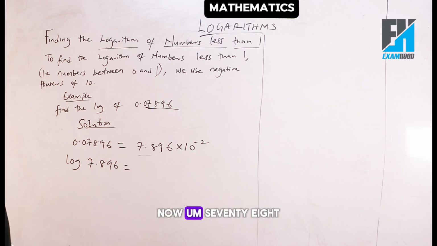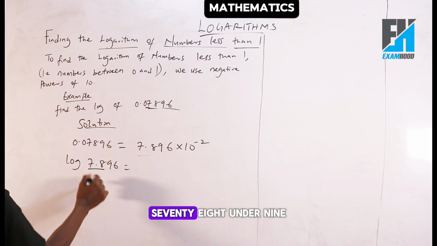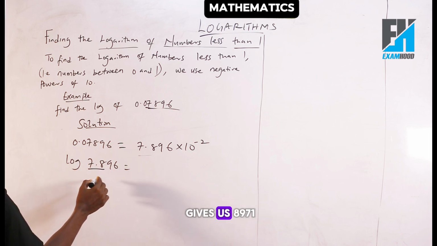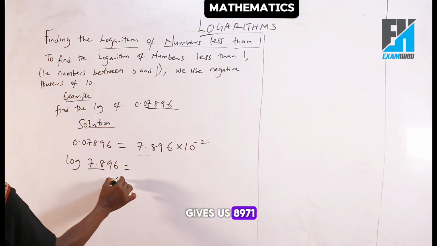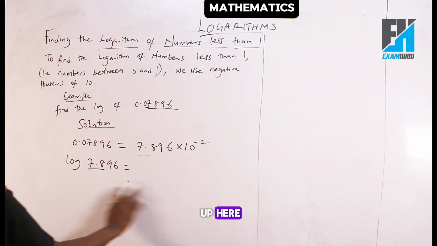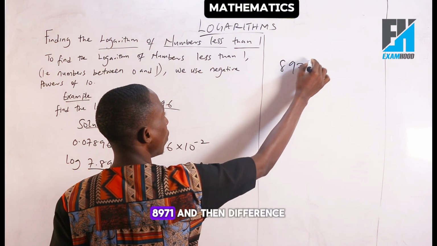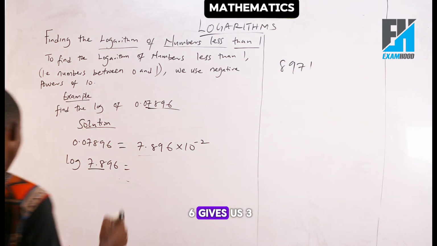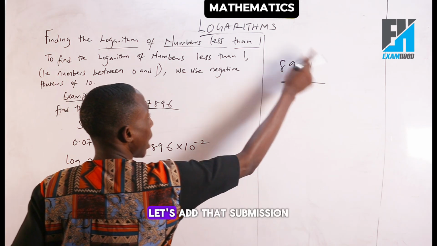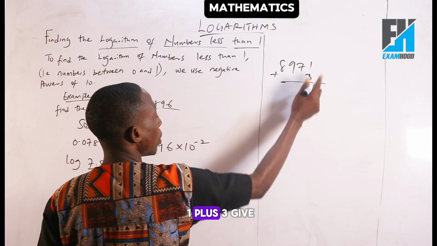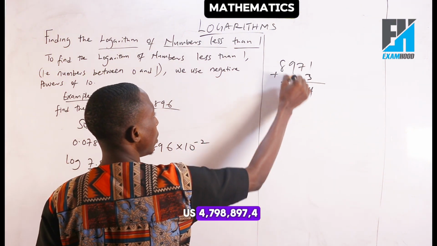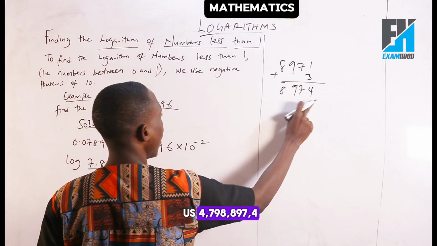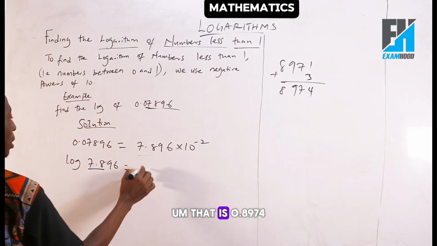Now 78 under 9 gives us 8971. Let me put it up here. 8971, and then the difference 6 gives us 3. Let's add that: summation 1 plus 3 gives us 4, so 8974.